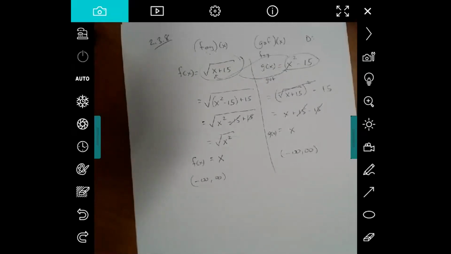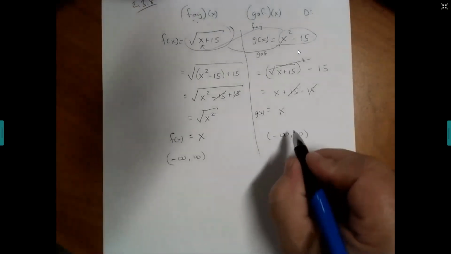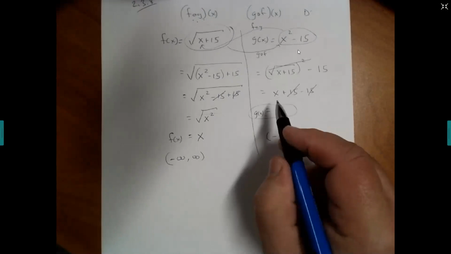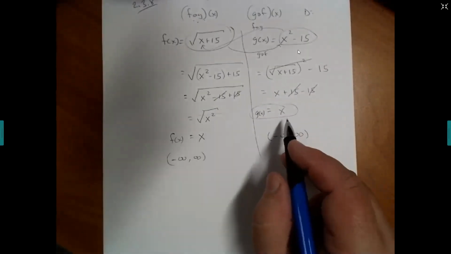Where's my screen? Okay, there's my ladybug. I share it. There. Okay, so since we see for our final answer, f of x and g of x, they're both infinities because they're both x's.